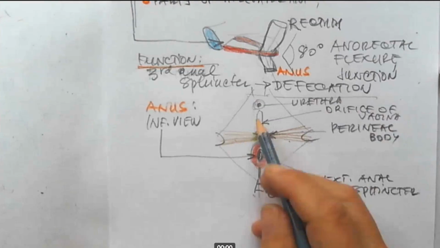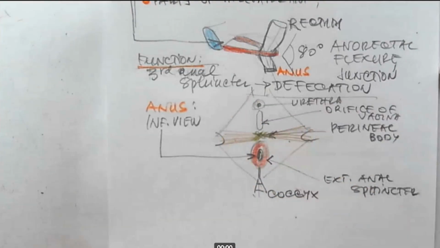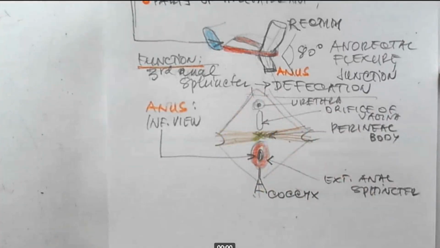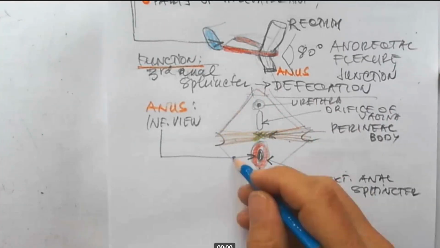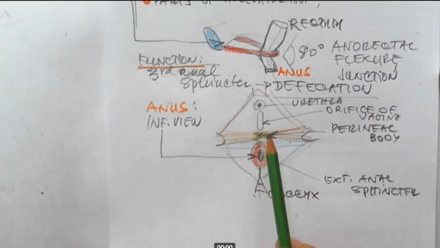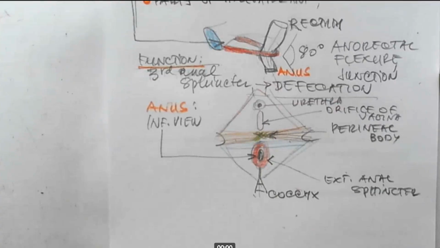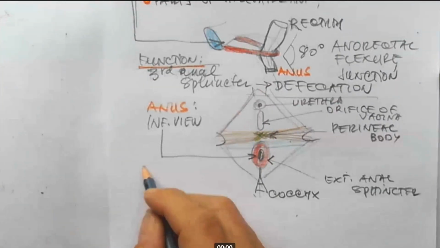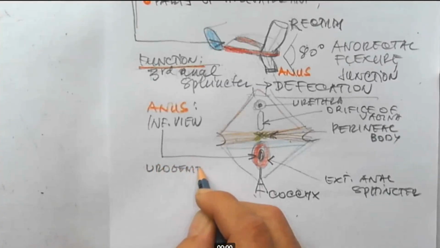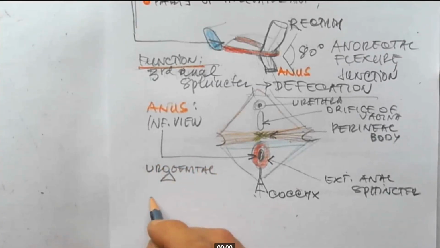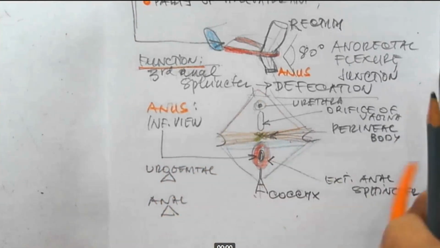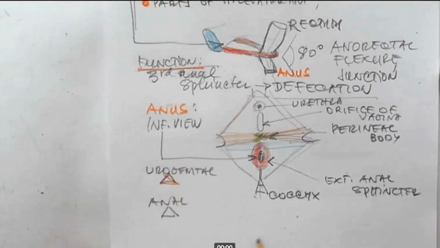The others are not necessary. There are two trigones, the anal trigone and the urogenital trigone. In the inferior view, we see anteriorly the urogenital triangle, and then the anal triangle.